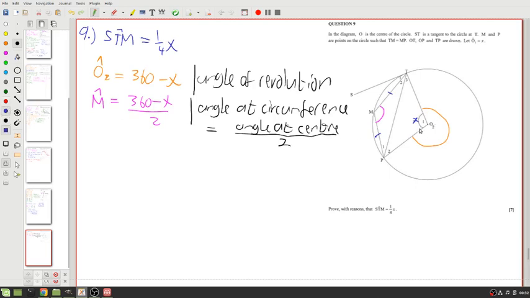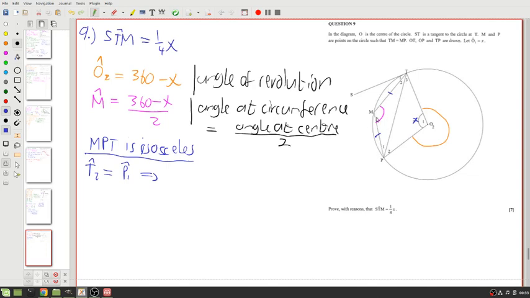Now, we've seen that MP and MT, they're equal in length. This makes this an isosceles triangle. So let's say that MPT is isosceles, because MP and MT are equal. So what does this tell us? That means that angle T2 is equal to angle P1. Angles in a triangle add up to 180.